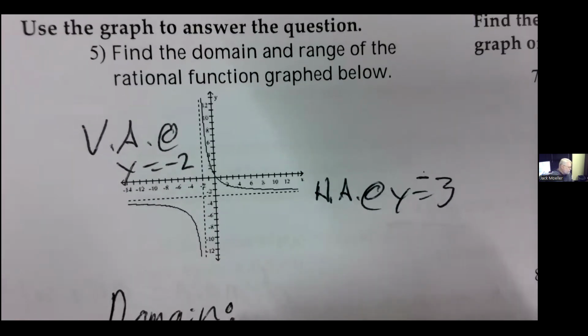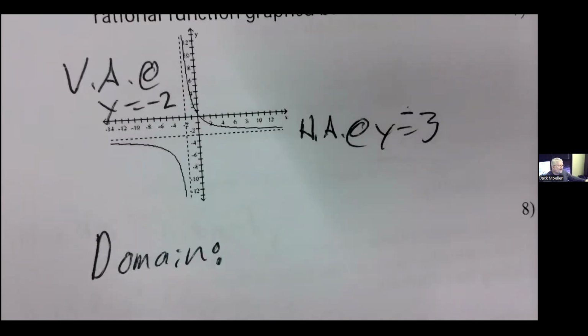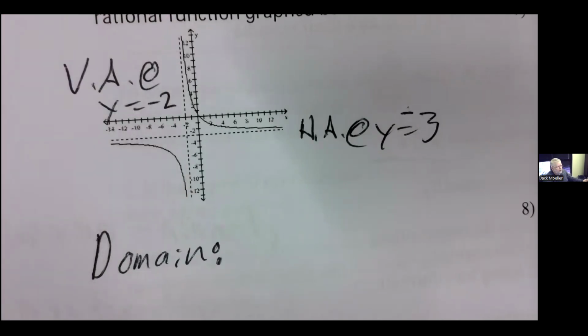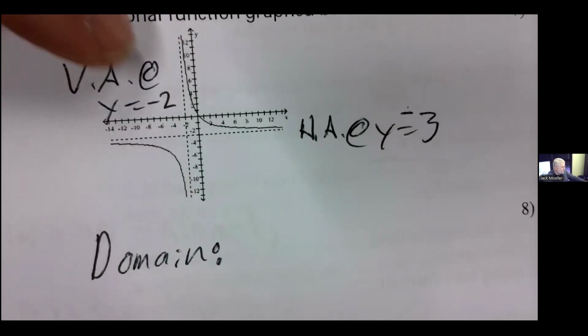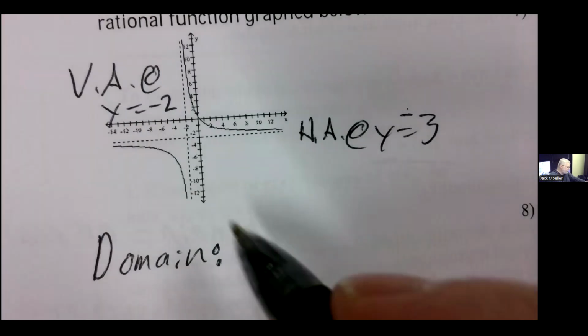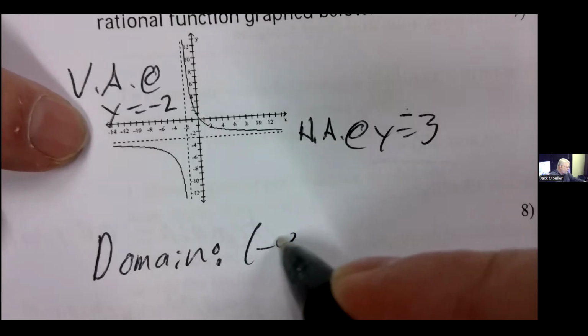Well, the domain is all our x's, except where we divide by 0, and wherever we divide by 0 is where our vertical asymptotes are. So our domain is going to be all real numbers except x equals negative 2. So how do we put that in interval notation? Well, domain is left to right, so start on the left, negative infinity.